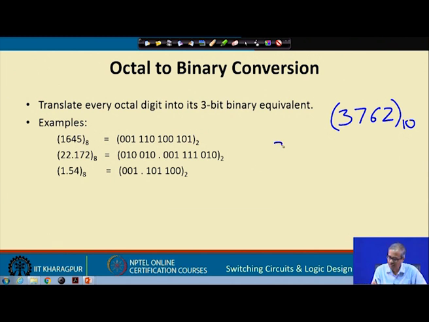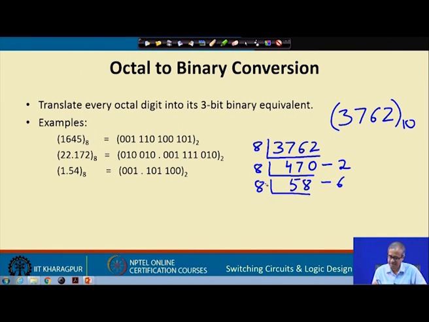I take this number and repeatedly divide by 8. 8 times 4 is 32, 8 times 5 is 40, 8 times 7 is 56, 0 with a remainder of 2. Divide by 8 again: 8 times 5 is 40, 8 times 8 is 64, and a remainder of 6.